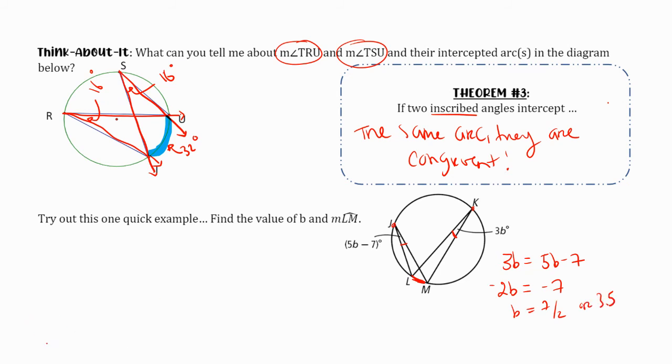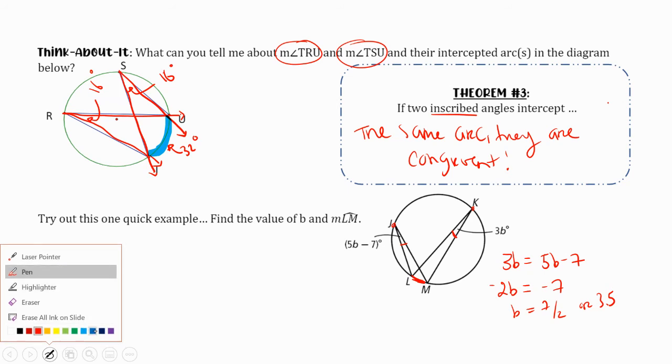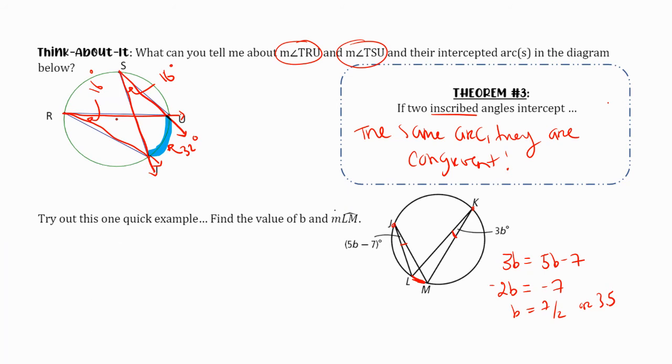Couldn't I go a step further? I guess I didn't even read the question. I found the value of B. It's asking me for the measure of arc LM. Well, let me plug it back in. Do I need to plug it back into both of them? Not necessarily. It's a good way to check my work, but I certainly don't have to. I get 21 halves, or 10.5. And let's just make sure.